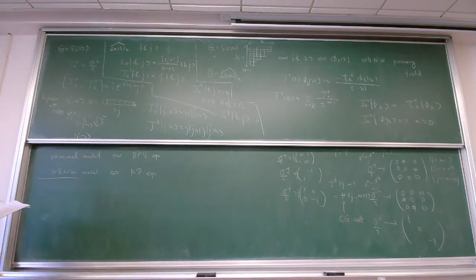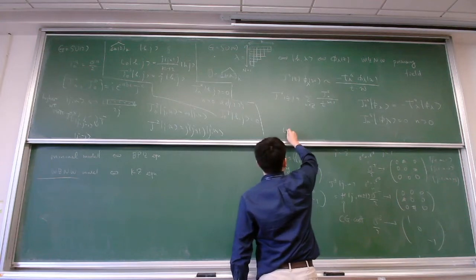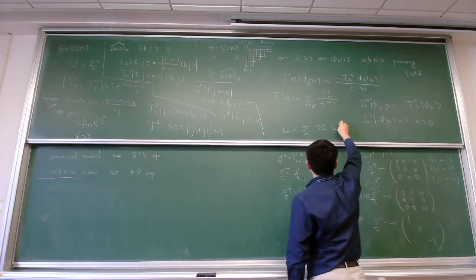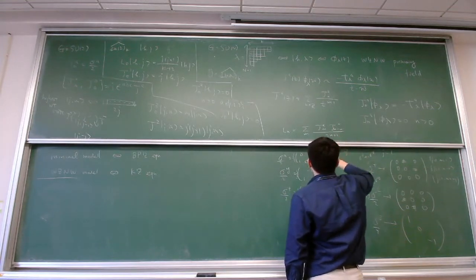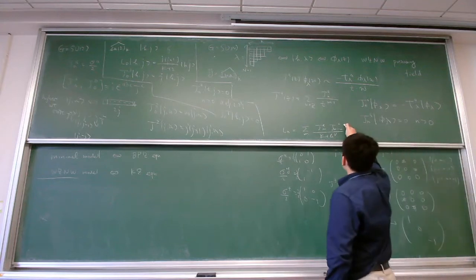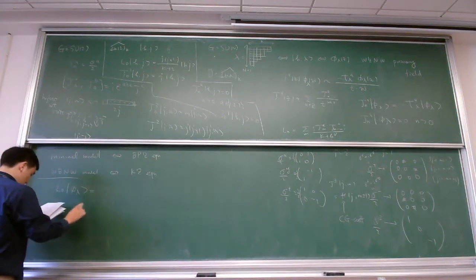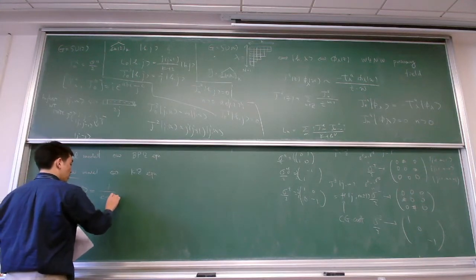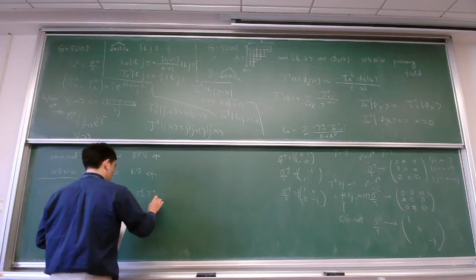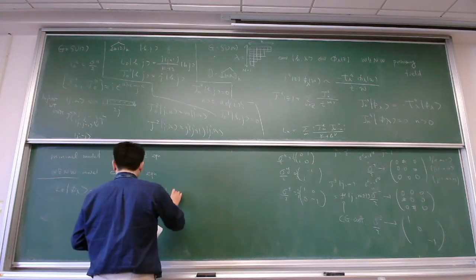And then L_0. We know that L_n is equal to, I forgot, a sum over m of J^A_m J^A_(n-m), with normal ordering, and a factor 1 over k plus h check. So L_0 acting on phi lambda is indeed equal to 1 over k plus h check times the sum over a of J^A_0 J^A_0 acting on phi lambda.